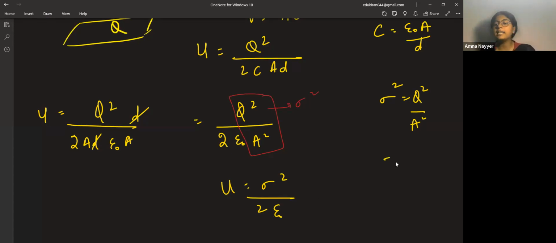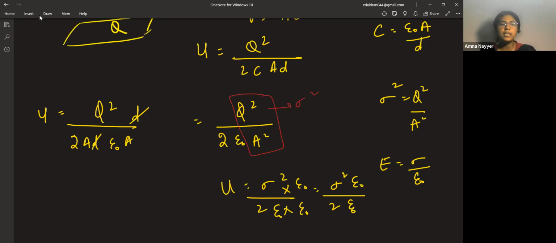Now class, electric field between both the plates was sigma by epsilon naught, right? So one thing we can do is multiply this by epsilon naught and divide by epsilon naught, and we'll get sigma square epsilon naught by 2 epsilon naught whole square.